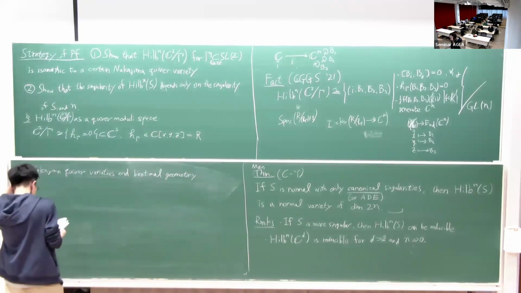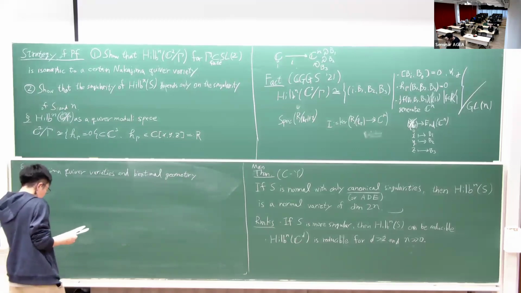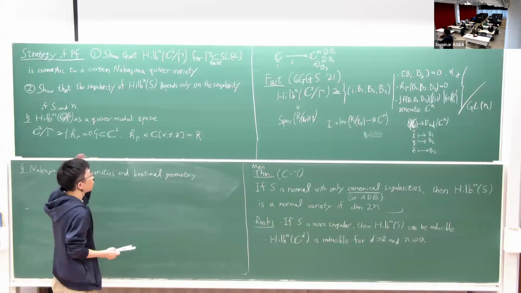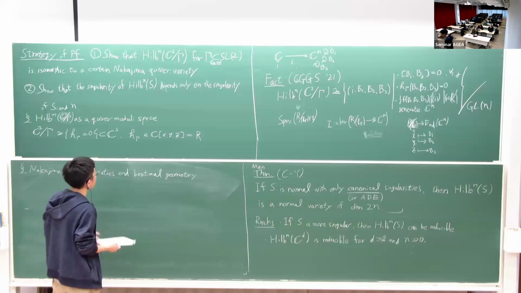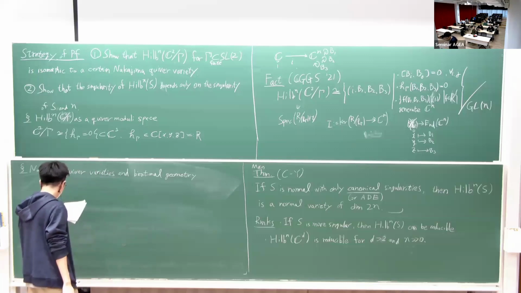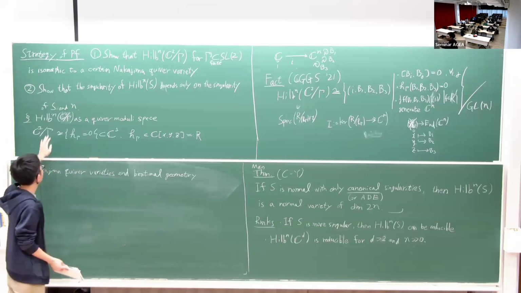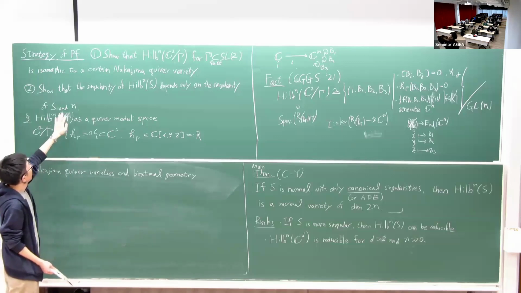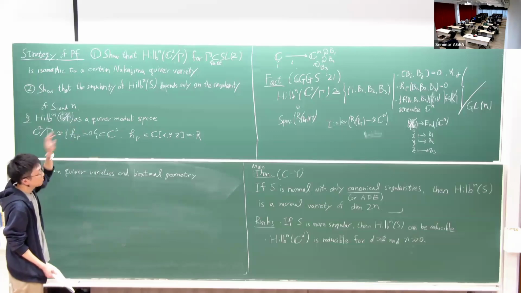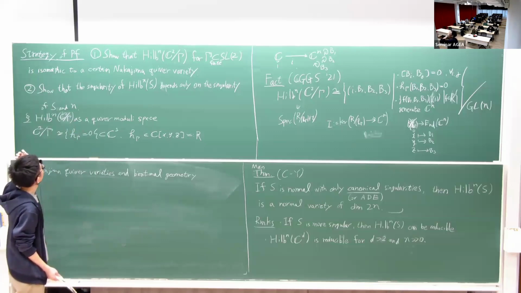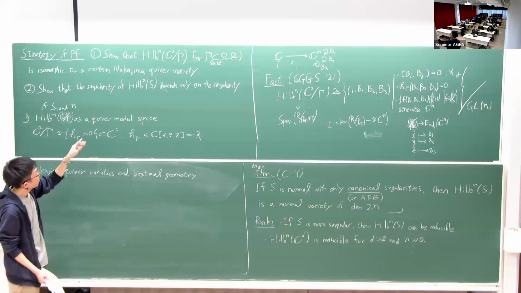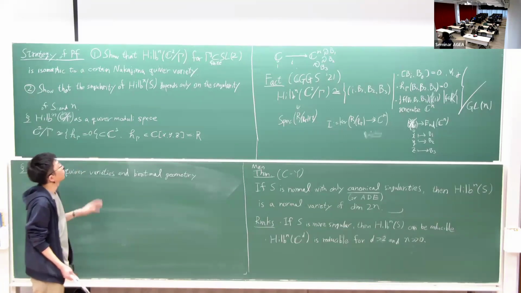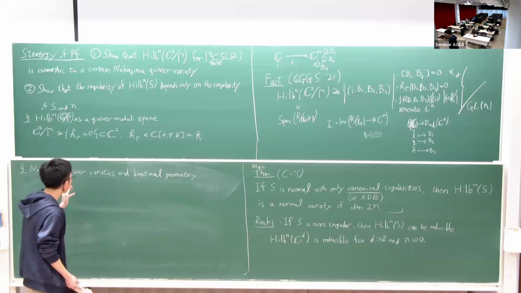A Nakajima quiver variety is also a moduli space of certain quiver representations, and it has a natural symplectic structure. Finally we will show that the Hilbert scheme is an example of a Nakajima quiver variety, and also the minimal resolution of C^2 mod gamma. So the Hilbert scheme of points on the minimal resolution is also realized as a Nakajima quiver variety.